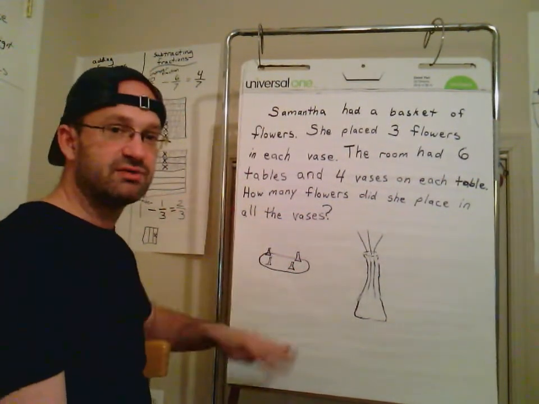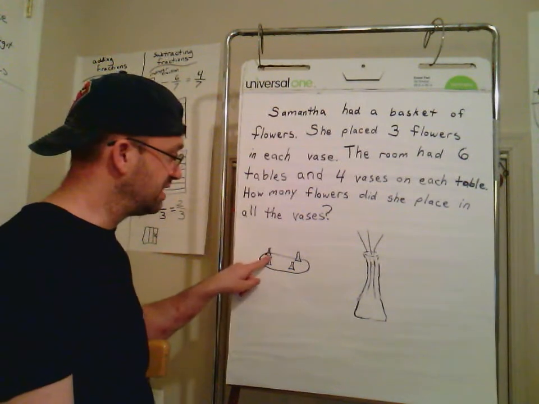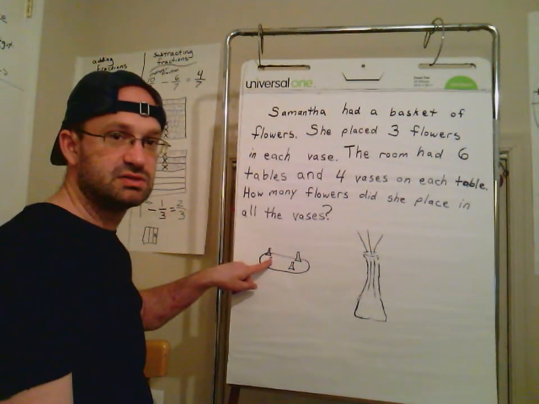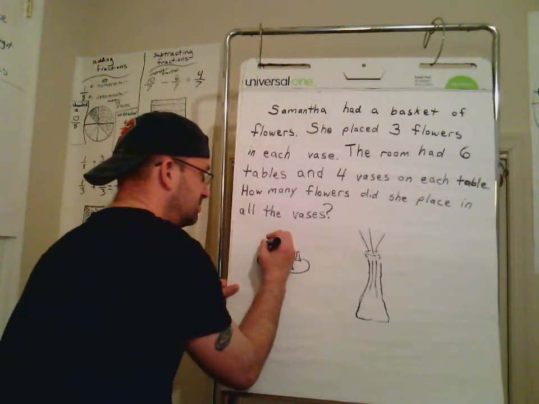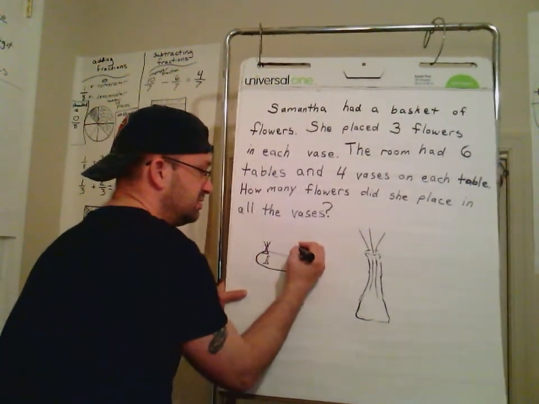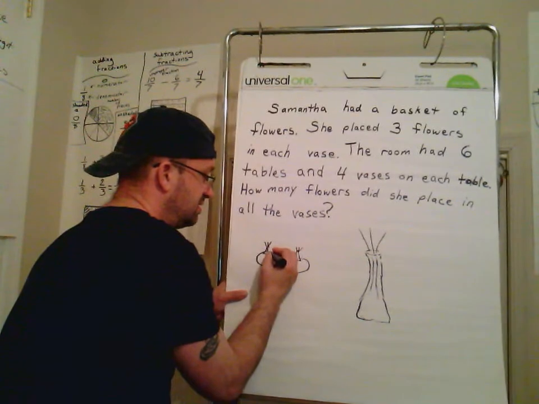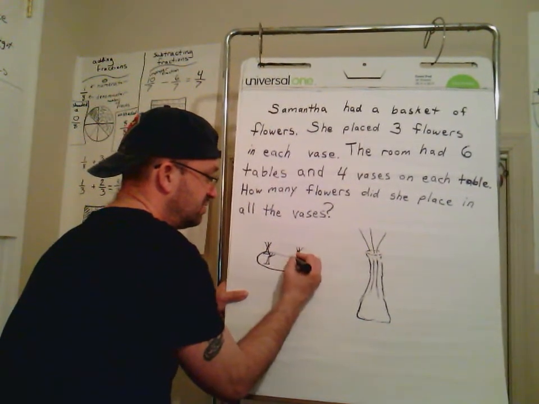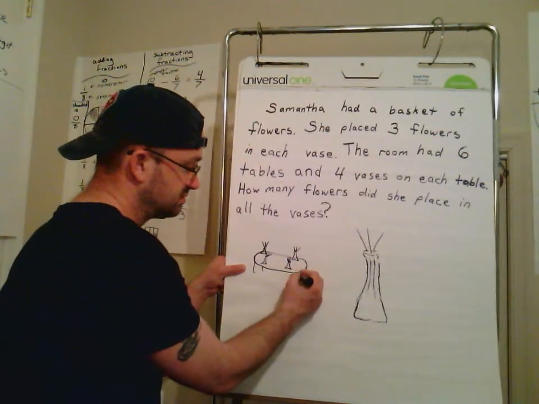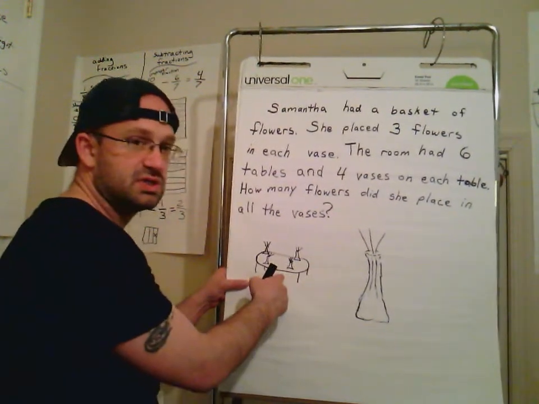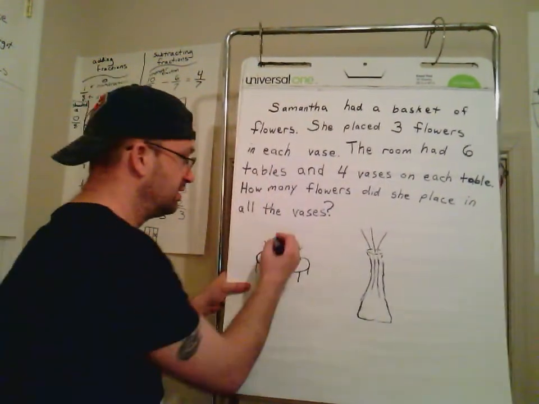Okay, there's a lot going on here. So how many flowers are on that 1 vase? Yep, 3. 1, 2, 3. 1, 2, 3. 1, 2, 3. But how many tables is this? This is table 1.